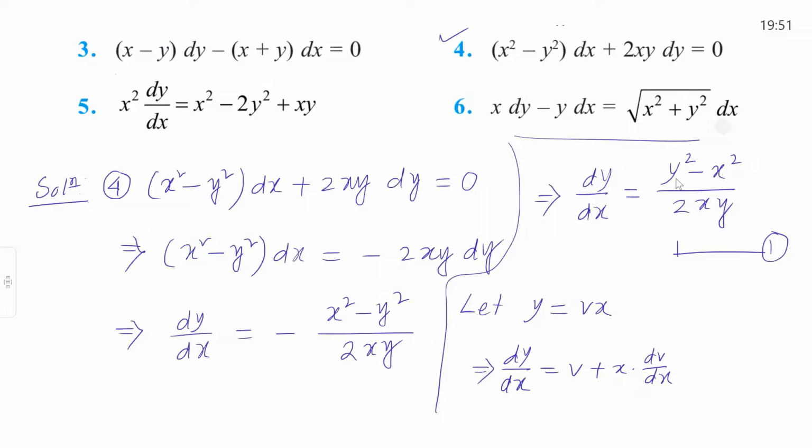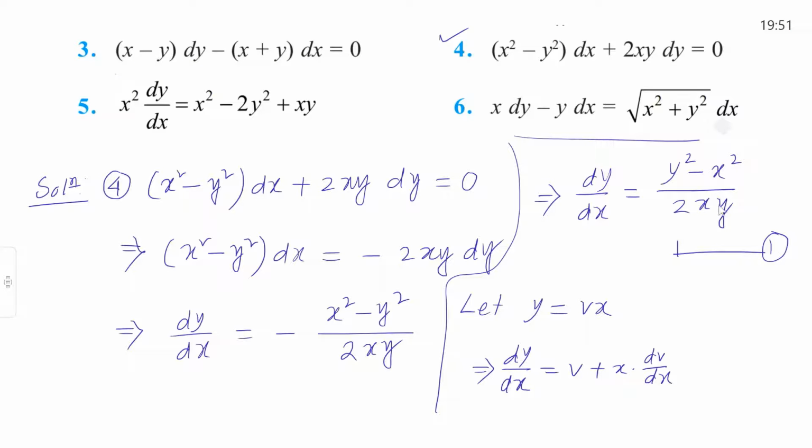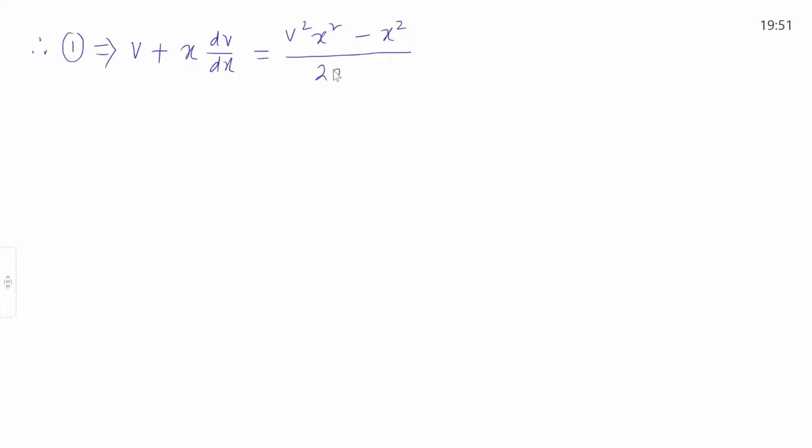implies the left hand side of dy dx will be v plus x into dv dx, is equal to the right side. Let me check: it is y square minus x square, so y is vx, so it will be v square x square minus x square divided by 2xy, that is 2x and y is vx.